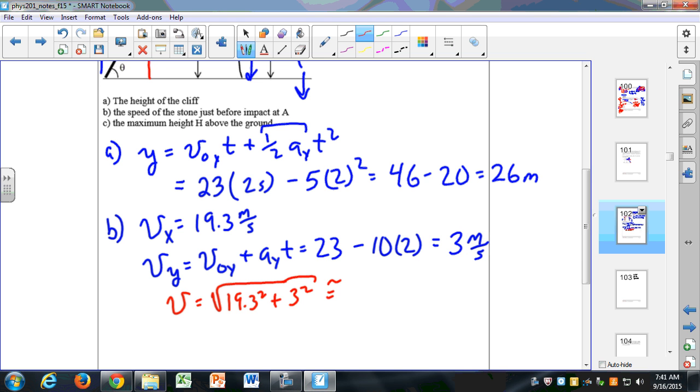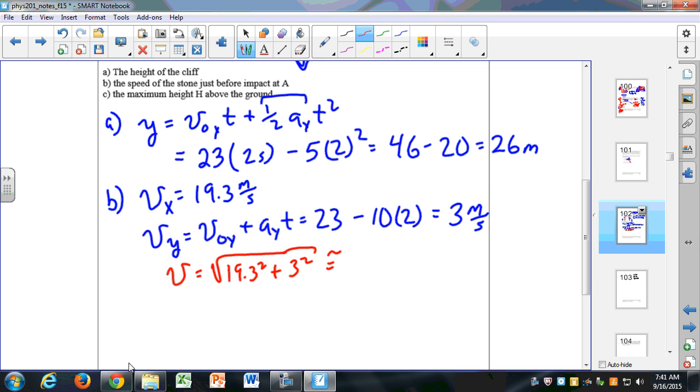About 20. Yeah, 19.15. I'll just call it 20 meters per second. So that's my velocity at that point at t equal 2 seconds.